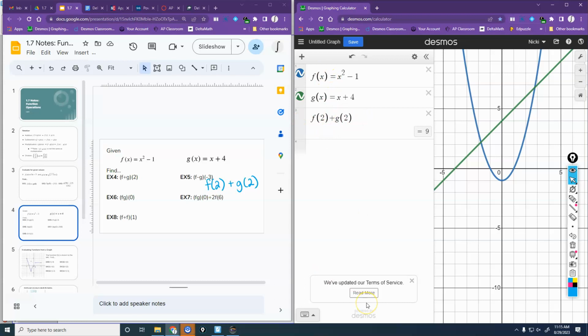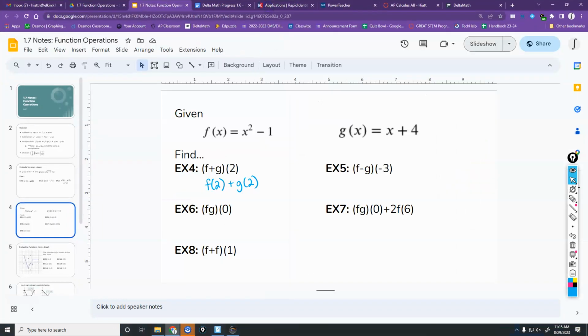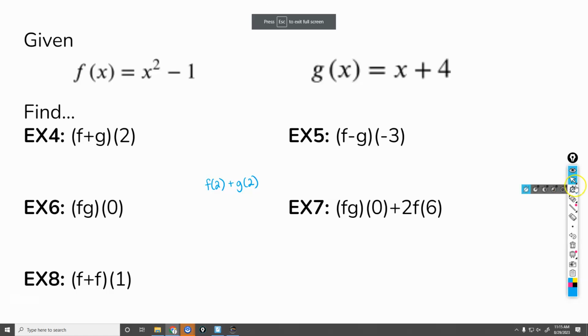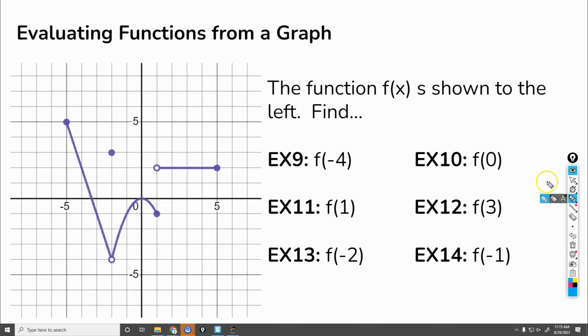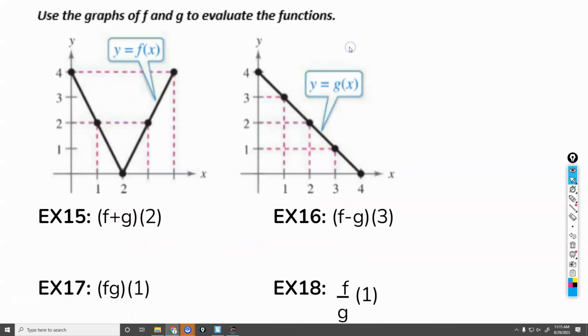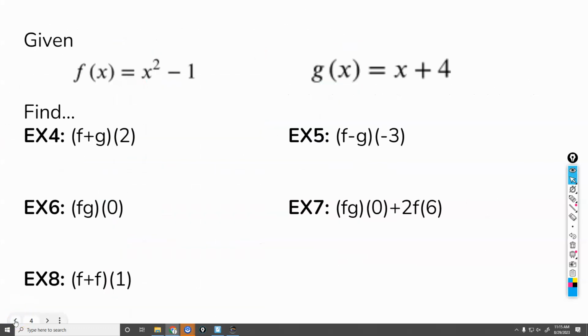Just type it in. What it's doing is, if we did this by hand, we would be doing f of 2, which is 2 squared minus 1, which is 4 minus 1, which is 3.